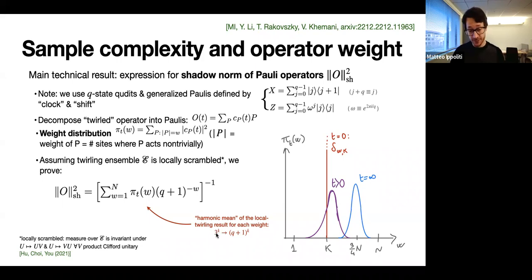For general Q, this becomes Q plus 1 to the k, it turns out. What we have here is essentially saying, do the following thing. Take this result, take its inverse, so we get Q plus 1 to the minus weight, take the average, and finally take the inverse again. So it's some kind of average of those local twirling results, but perhaps not the one you might have expected.